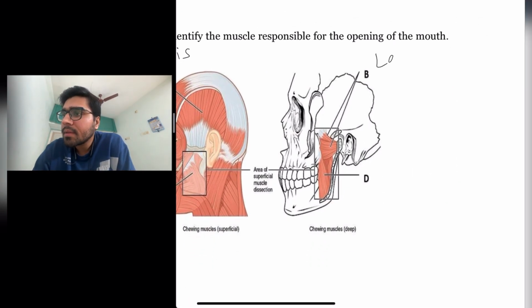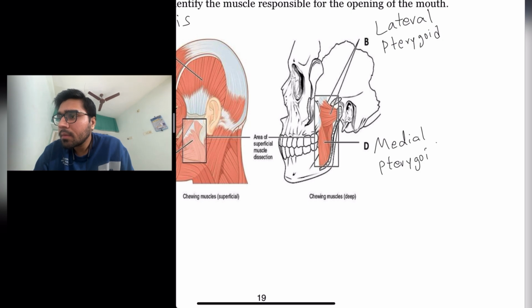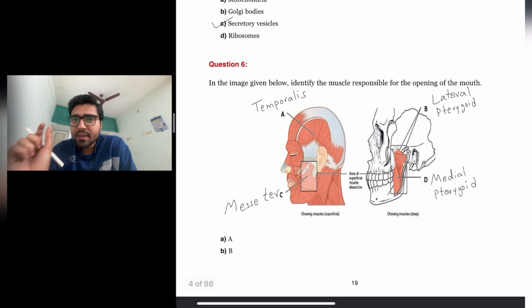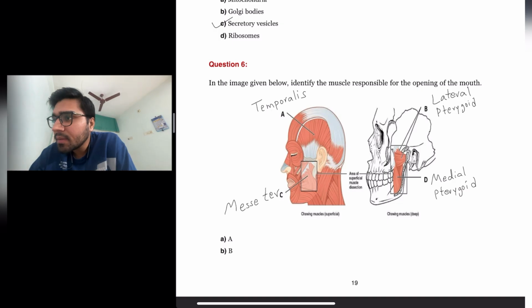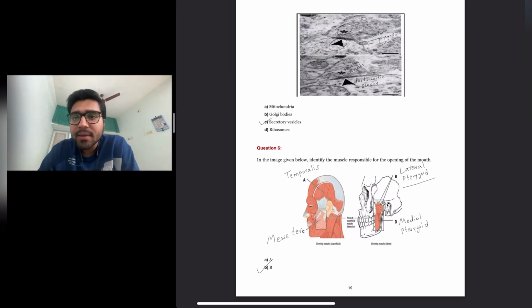This one is lateral pterygoid. And this one is medial pterygoid. So the muscle which is responsible for opening the mouth is actually lateral pterygoid, labeled as B. So the answer is B.